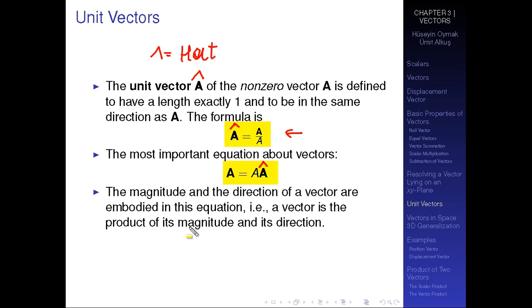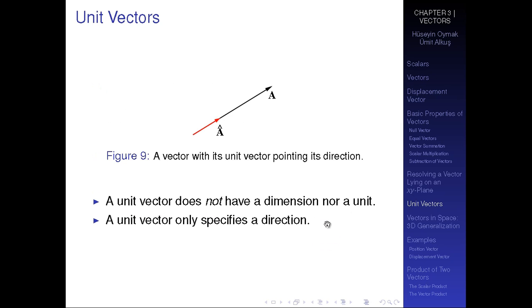In other words, we say that a vector is the product of its magnitude and its direction. A unit vector does nothing but specify a direction. As you may easily notice, a unit vector does not have a dimension nor a unit.